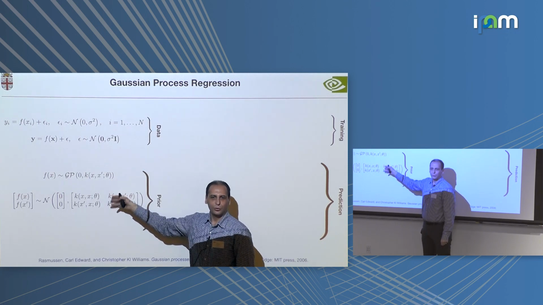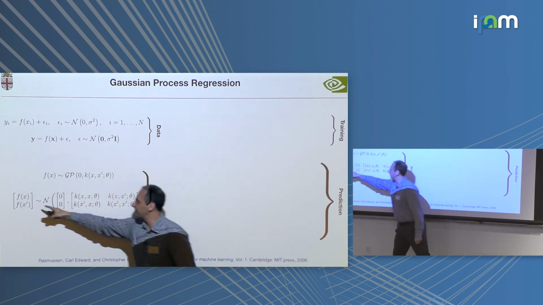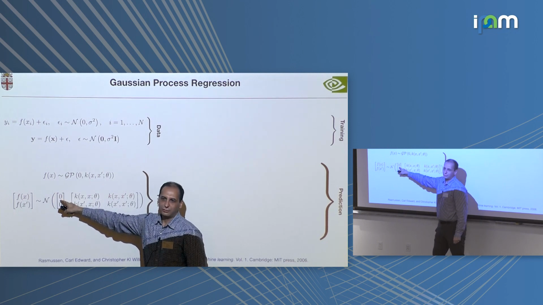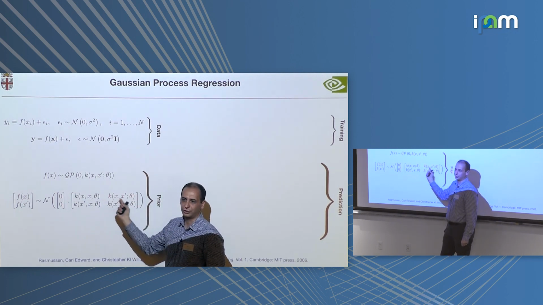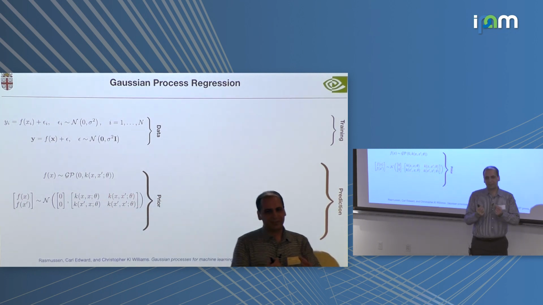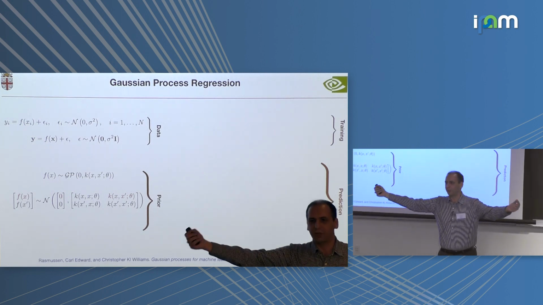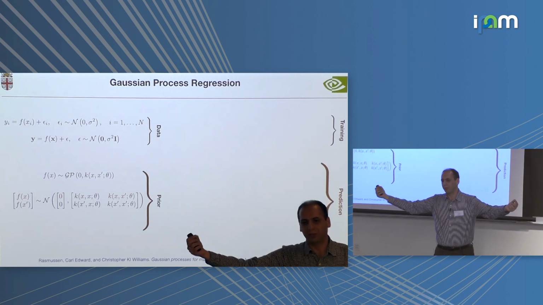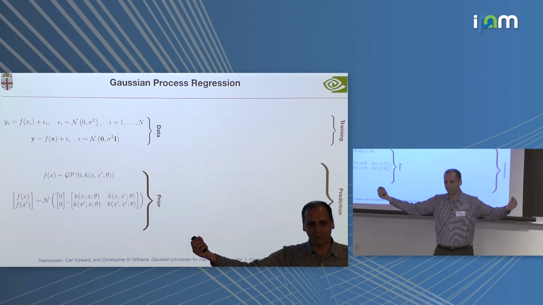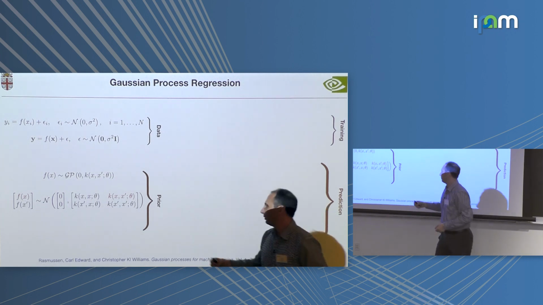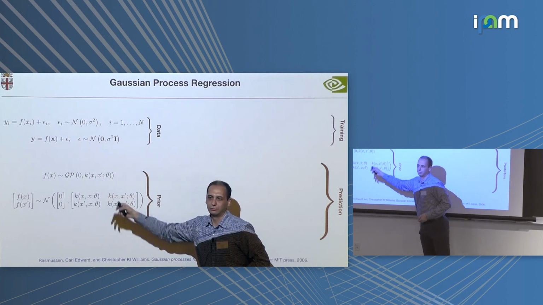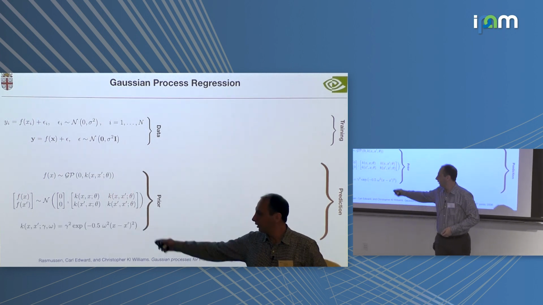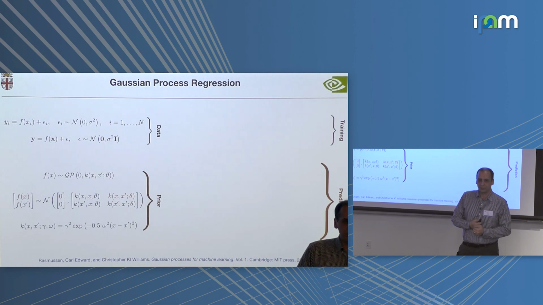Rather than writing this all the time, we are going to say f of x has mean 0 and this covariance function. The assumption is that if you have 2 points that are very far apart from each other, probably they are not affecting each other that much. This could be one assumption. And those assumptions, you can put them here in your kernel. That's exactly what I said right now.